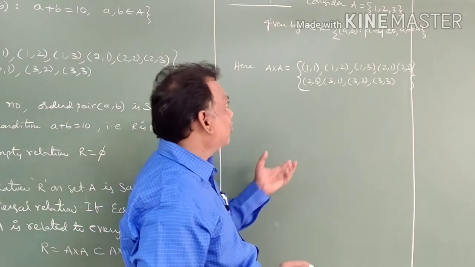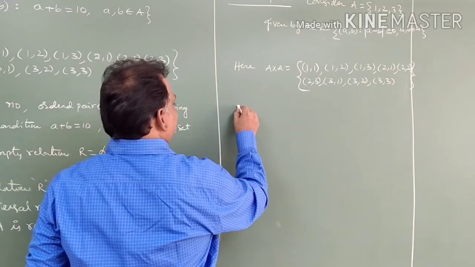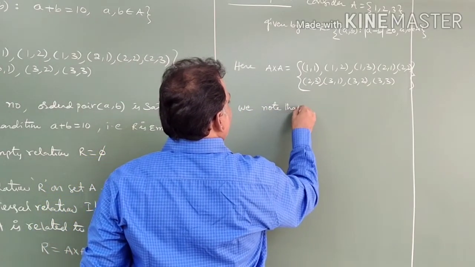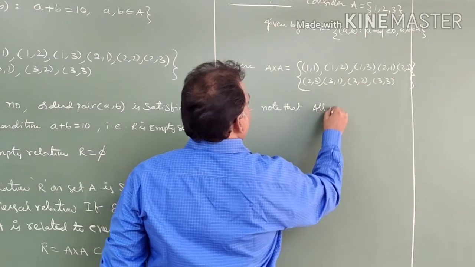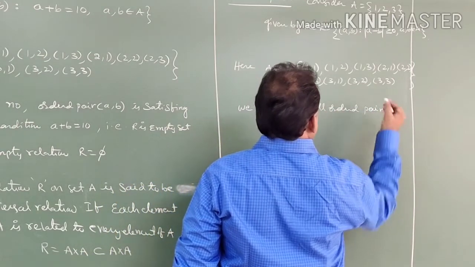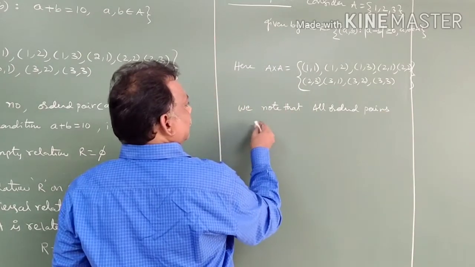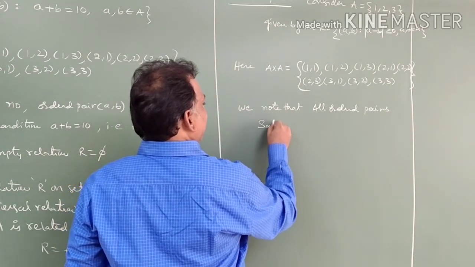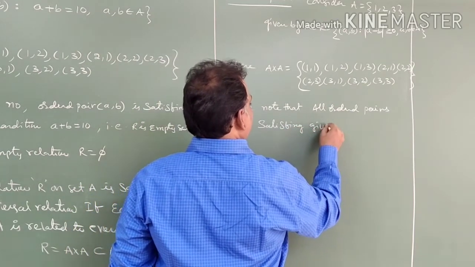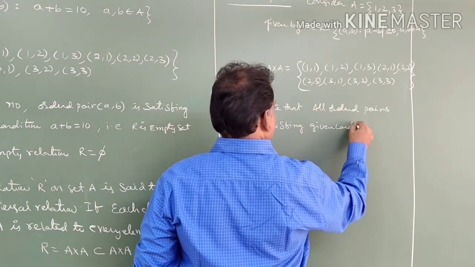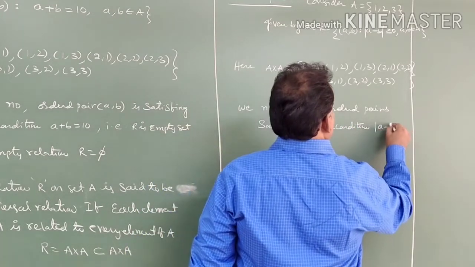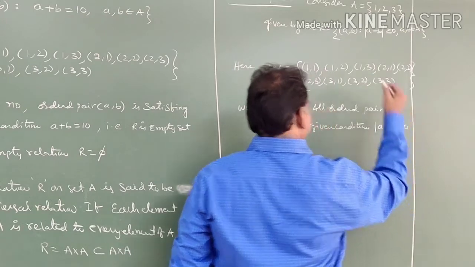So now I will go through those. Here we note that all ordered pairs satisfy the given condition, mod of A minus B is greater than or equal to 0.